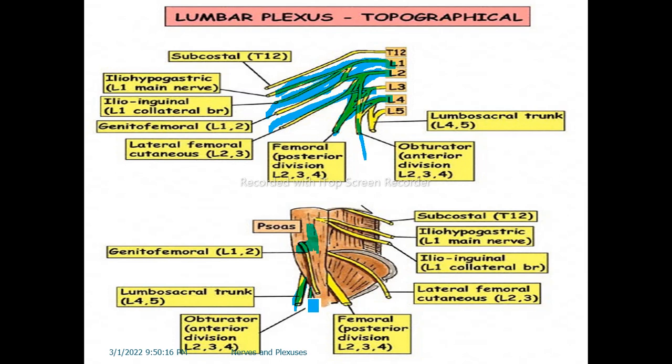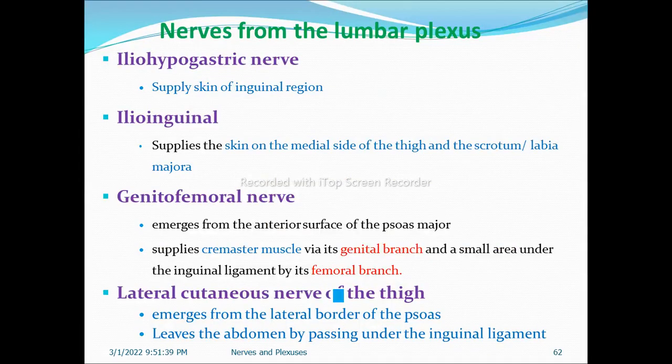The lumbosacral trunk and obturator nerve exit on the medial side of the psoas major muscle, whereas the femoral nerve, lateral cutaneous nerve of the thigh, ilioinguinal and iliohypogastric all emerge from the lateral side of the psoas major muscle.